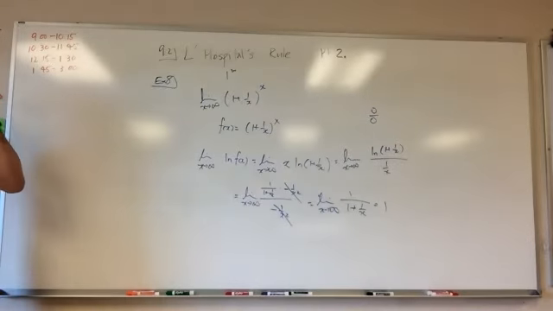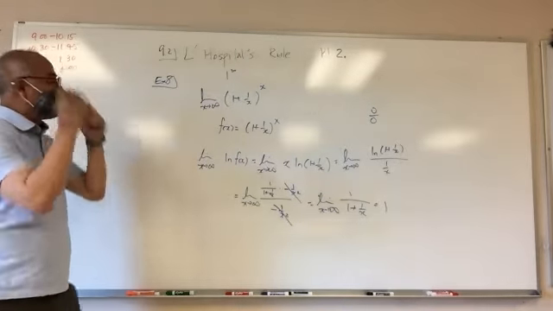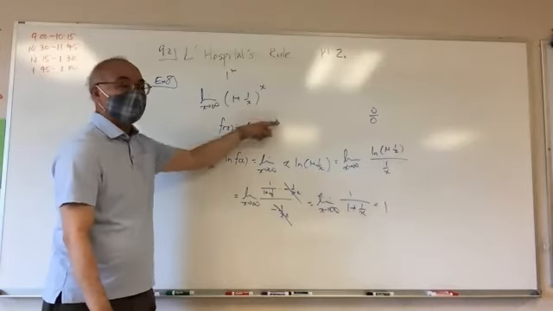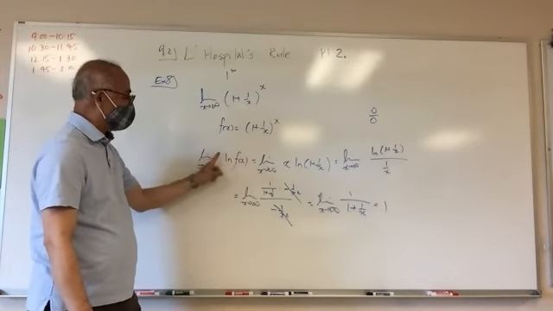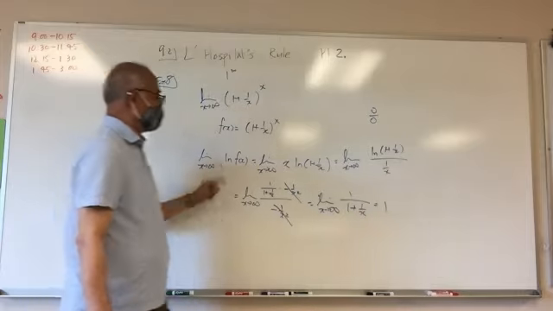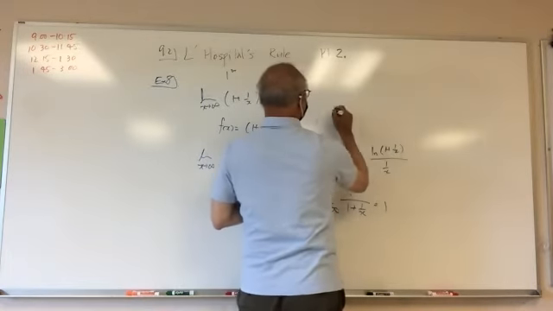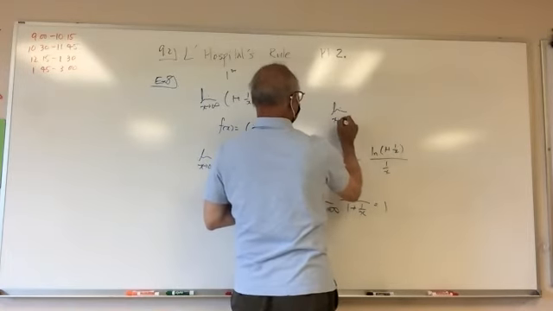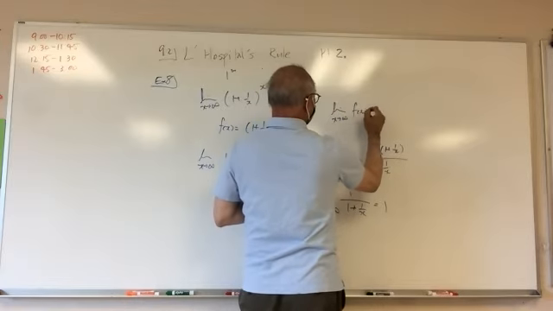Now notice, I have not found the limit of this guy. I found the limit of this guy, the natural log. So in the end, what I'm trying to find is f of x. This is what I'm trying to find.